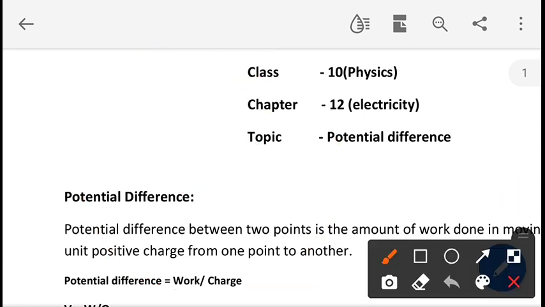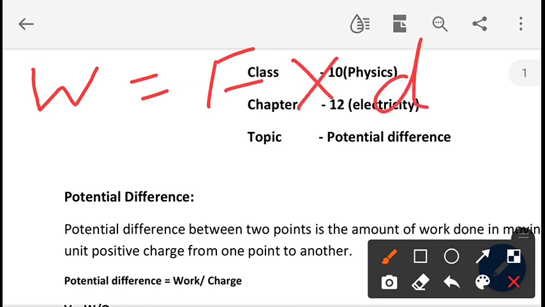As you know, in class 9, work is equal to what? Force into displacement. The more force you apply, the more distance the object covers, which means more work done.